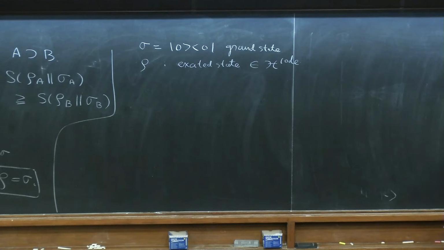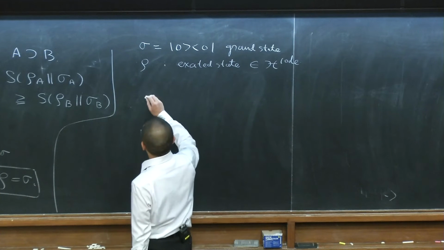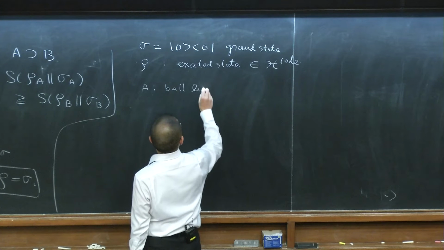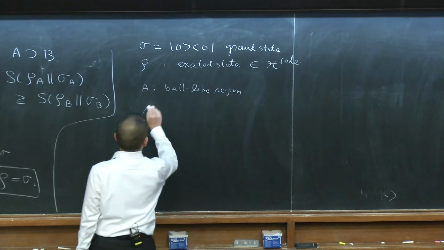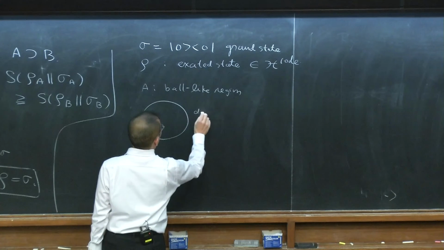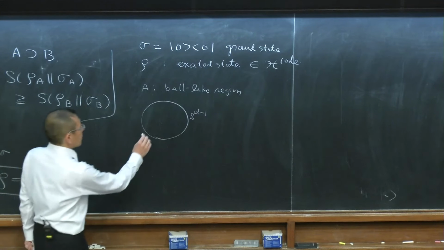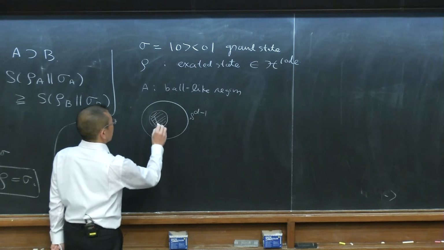So the nice thing about the ground state is that if I choose A to be a ball-like region, so you have a D minus one dimensional boundary, which is a sphere, and then on the sphere, you can have a D minus one dimensional ball.